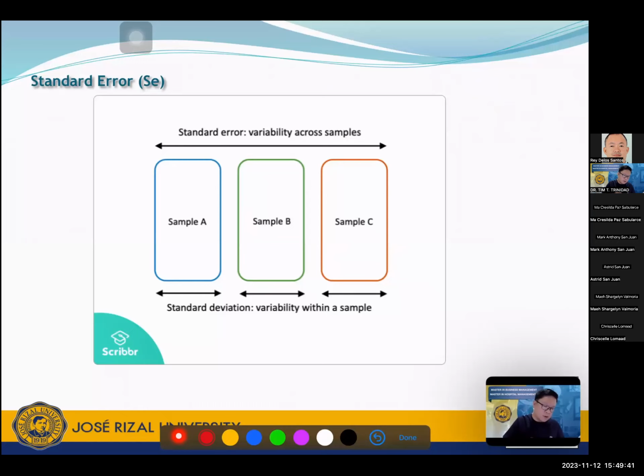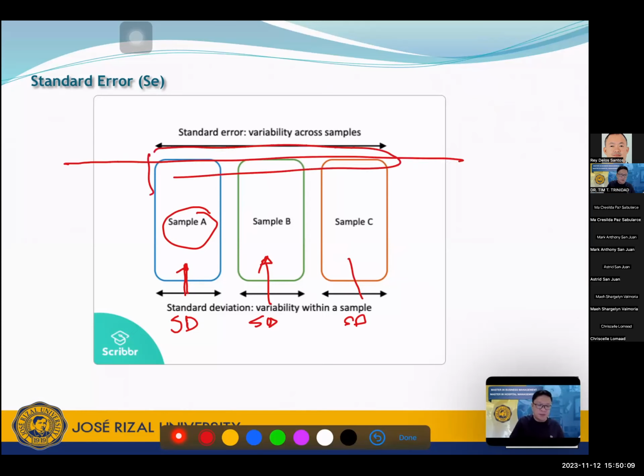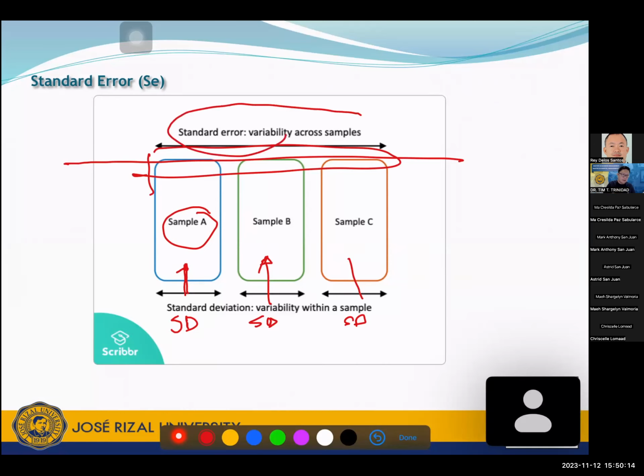If you are just going to analyze the standard deviation of one sample, you use the formula for standard deviation. If you take them one by one, this becomes standard deviation, standard deviation. But if you want to go across all of them, when you take the three together, you use the formula for standard error. This is standard error.